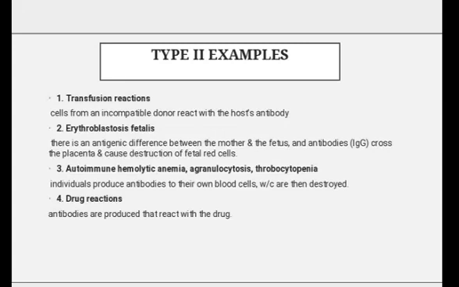The third example is autoimmune hemolytic anemia, agranulocytosis, and thrombocytopenia, in which an individual produces antibodies to their own blood cells and then destroys them. Drug reactions can also be involved in this type 2. Antibodies are produced that react with the drugs.